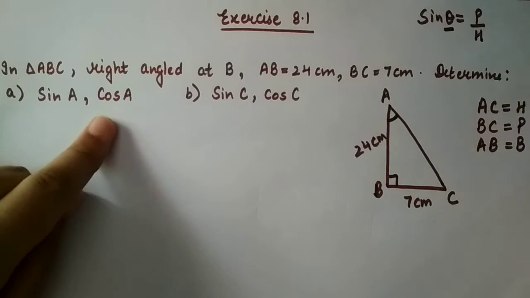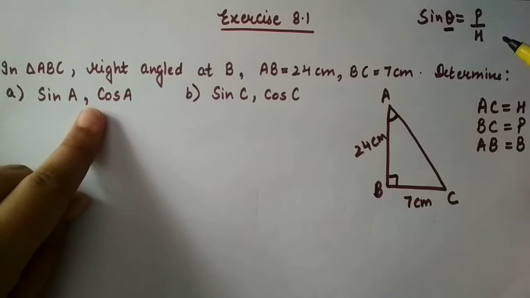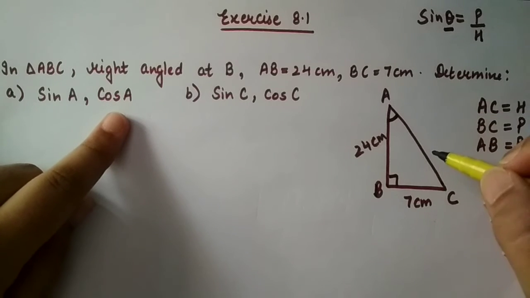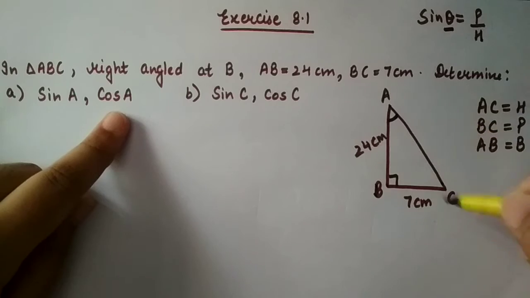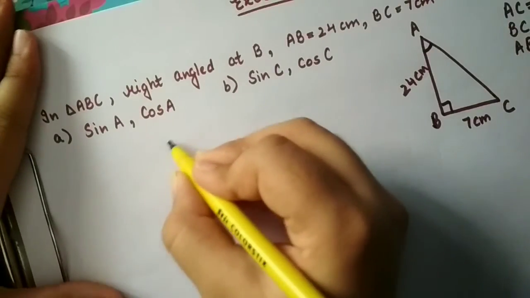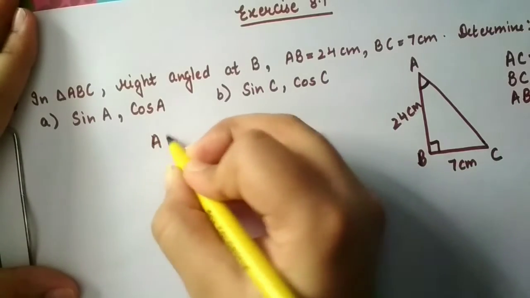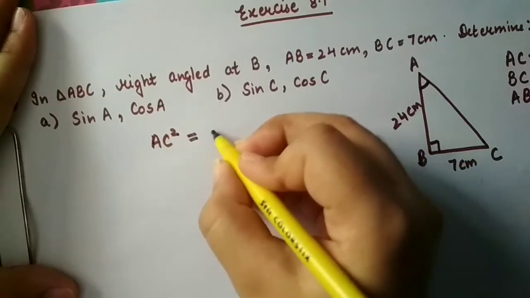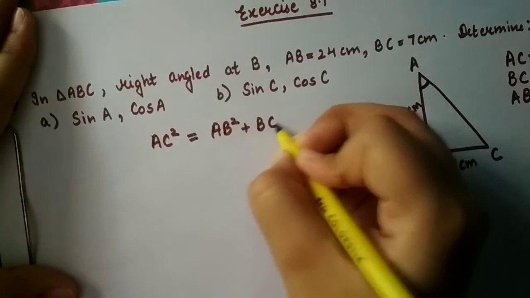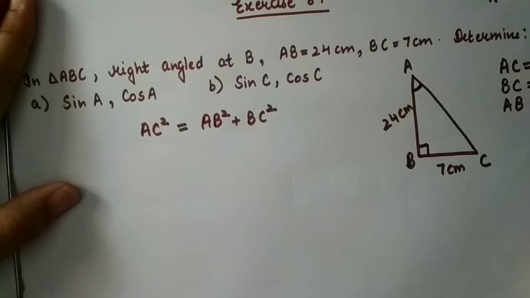So now we know what is hypotenuse, what is base and what is perpendicular in case where angle A is theta. Okay, so now we have to find sine of A, but actually we don't have the length of AC. So first of all, let us find out AC. As this is a right angle triangle, you can use Pythagoras theorem in order to find out AC. So let us use that. AC square, that is hypotenuse square, is equal to AB square plus BC square, that is perpendicular square plus base square.